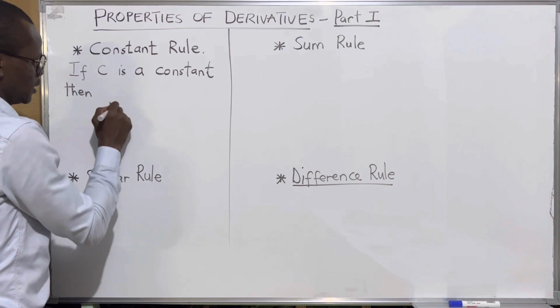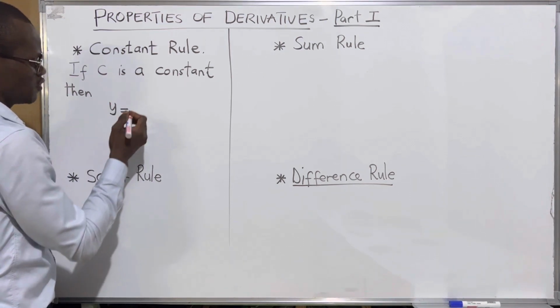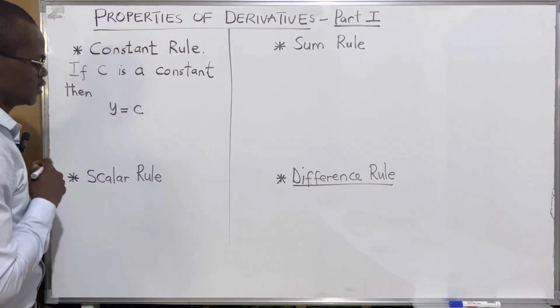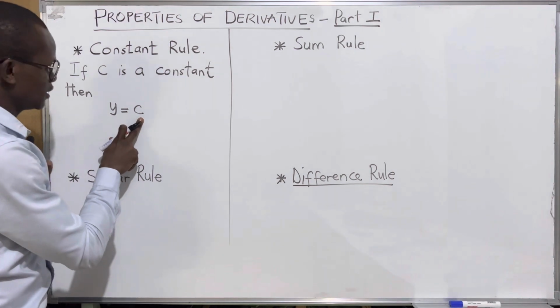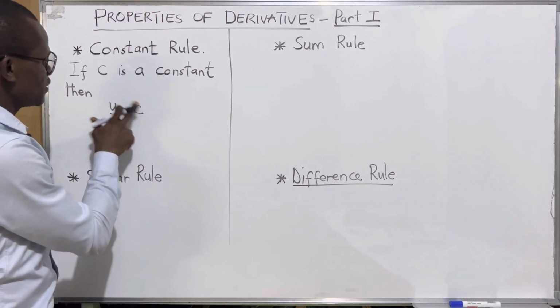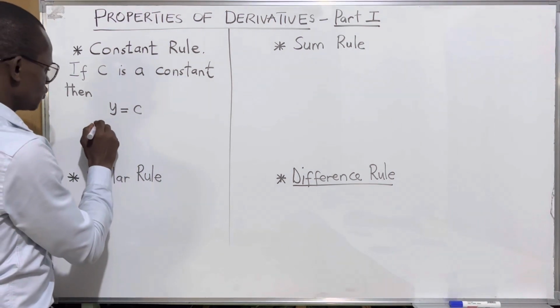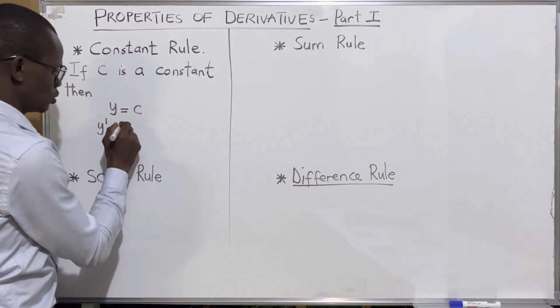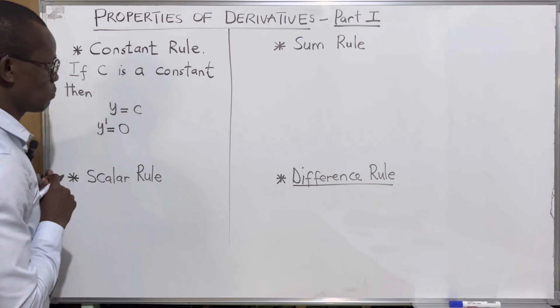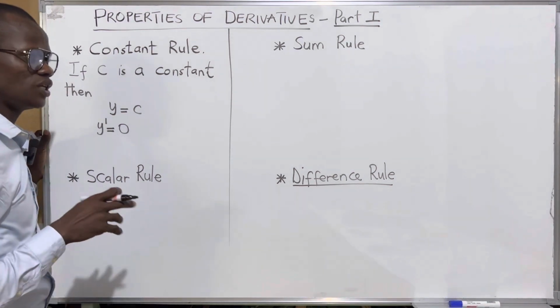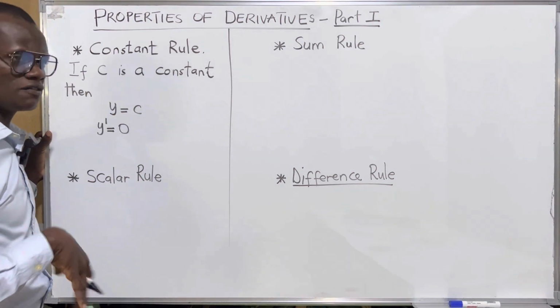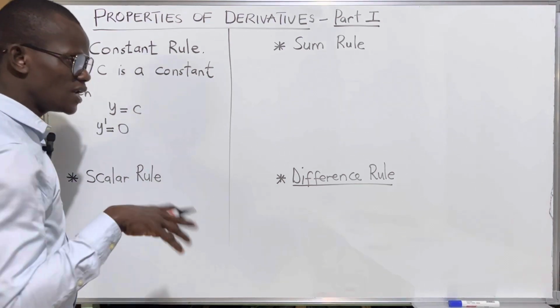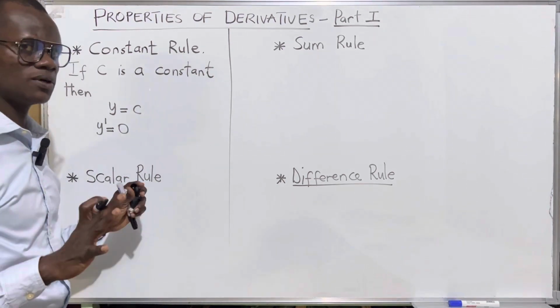So we say let it represent a function y equals C. So if this C now is a constant, then it means that the derivative of C, which we call y prime, equals 0, right? So in general, the derivative of any constant is just equal to 0.